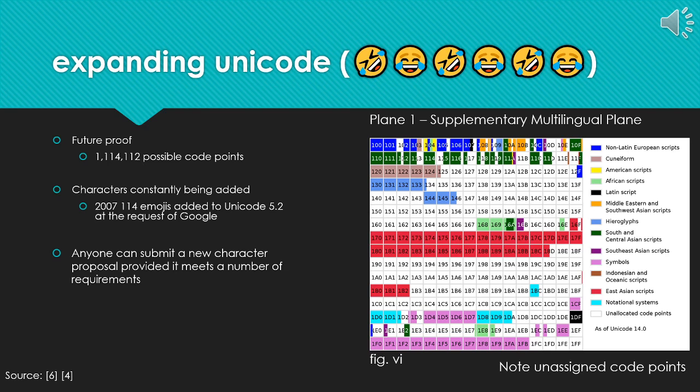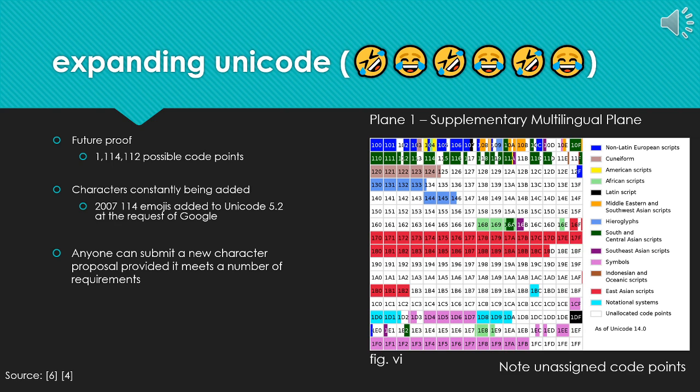So Unicode is designed to be future-proof in that while there are 1,114,112 code points available, the vast majority of these are still unassigned. And realistically, given the amount of characters in world languages, they will not ever all be filled.